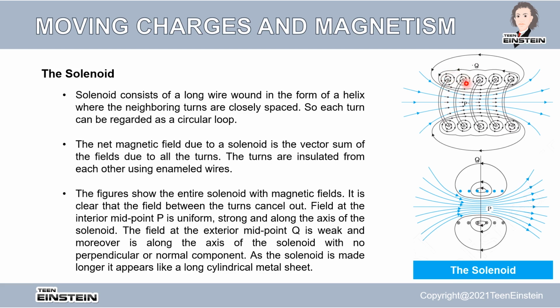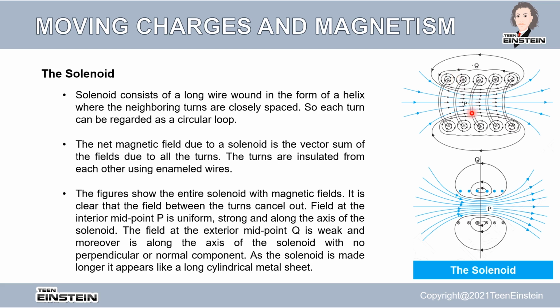But the neighboring coils cancel out because the magnetic field direction is opposite to each other. So the magnetic field between the coils cancels out.